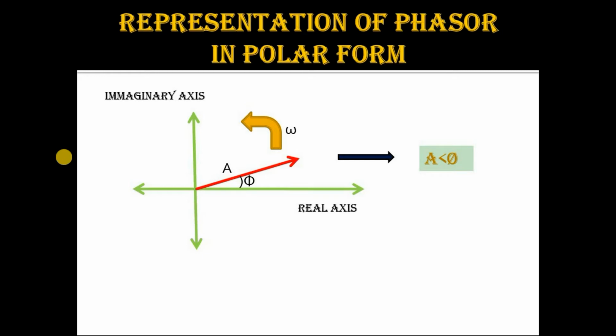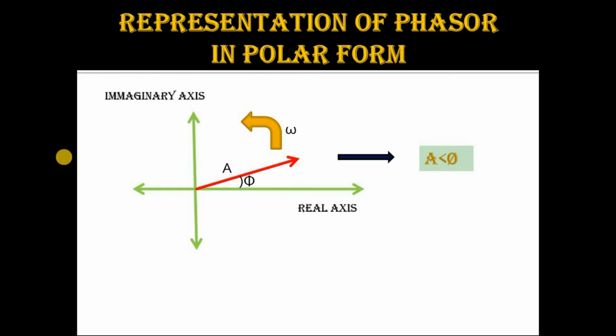The polar form is also called magnitude angle form. While writing it in polar form, we have to write the magnitude of the phasor as well as the angle measured from the positive real axis.